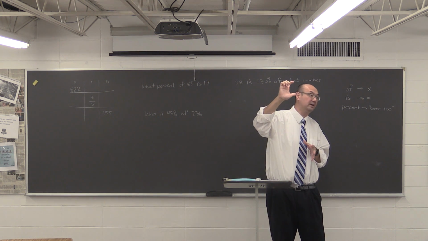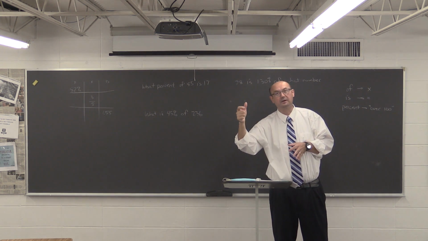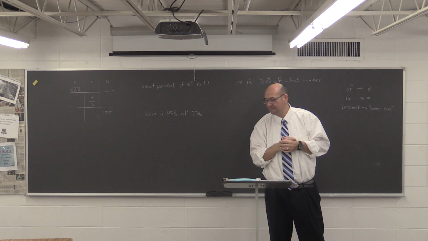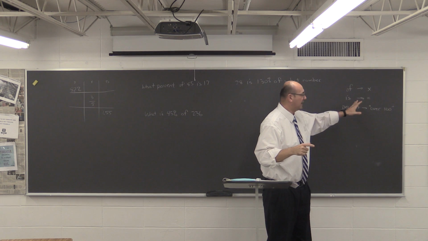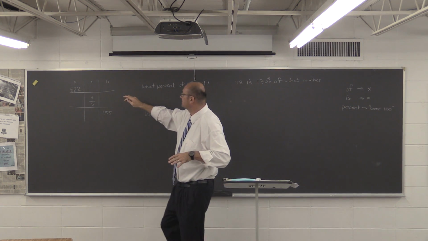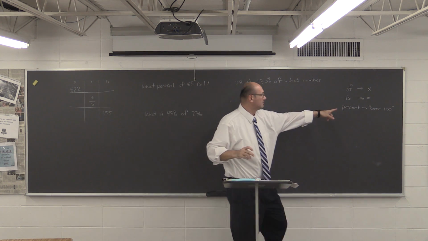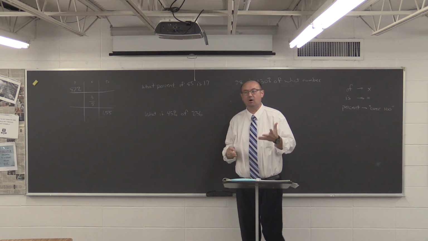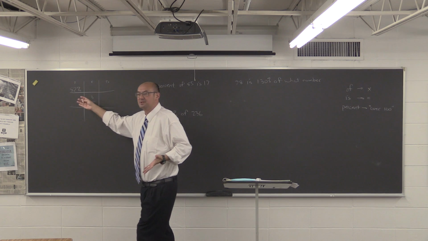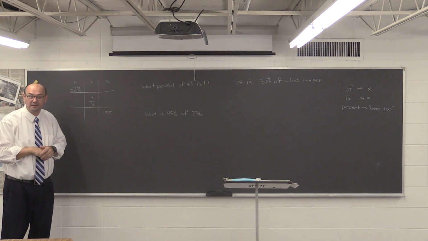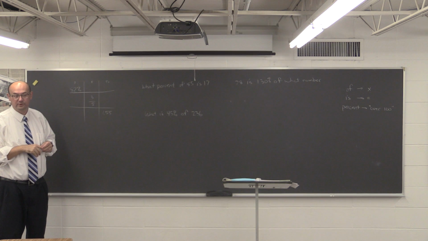Now, you could take that chance, and you could be like, well, we're going to pray and just hope that I'm one of the 11%, okay? But you have to understand, every time we have a percent, it's always what? Over 100. So, a percent to a fraction is as easy as can be. We just put it over 100.